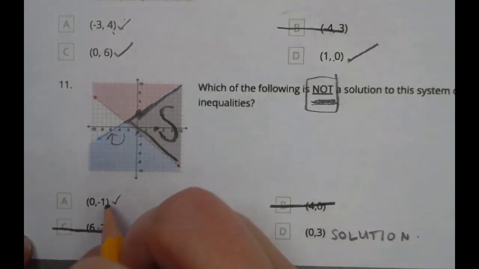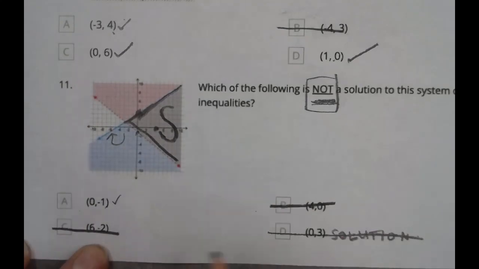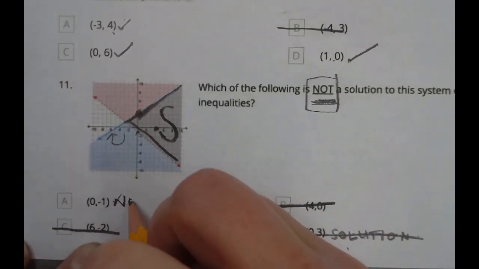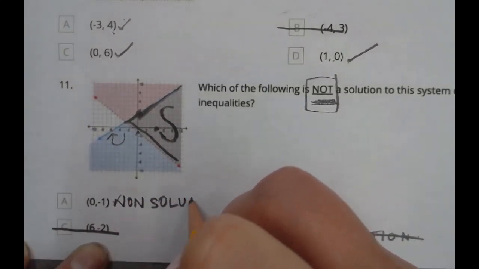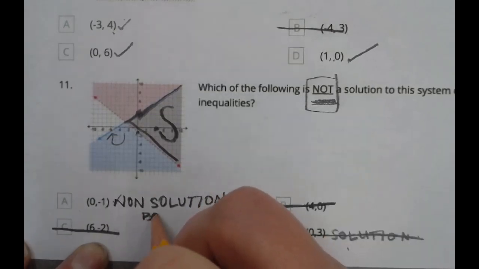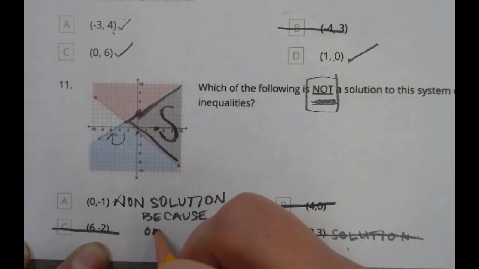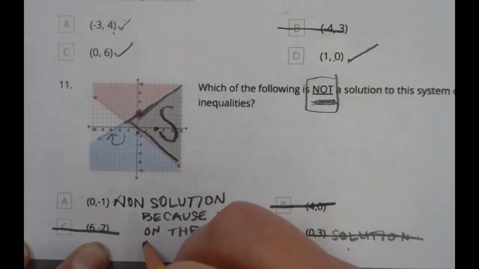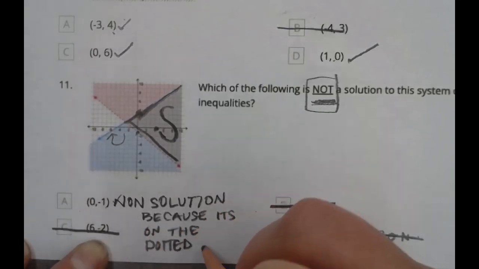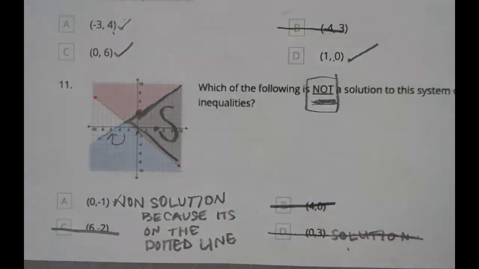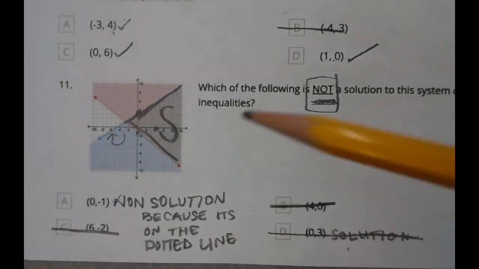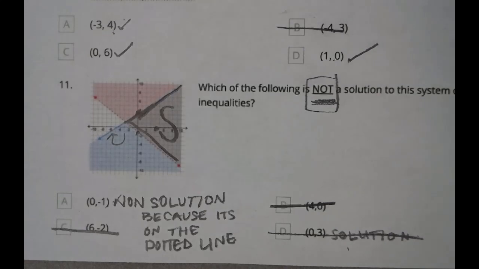Which means A is definitely our answer here, because we don't want solutions, we want non-solutions. So that's the reason why A is the correct answer to number 11: the point 0, -1 lies on the dotted line, and dotted lines mean that it is not a solution.